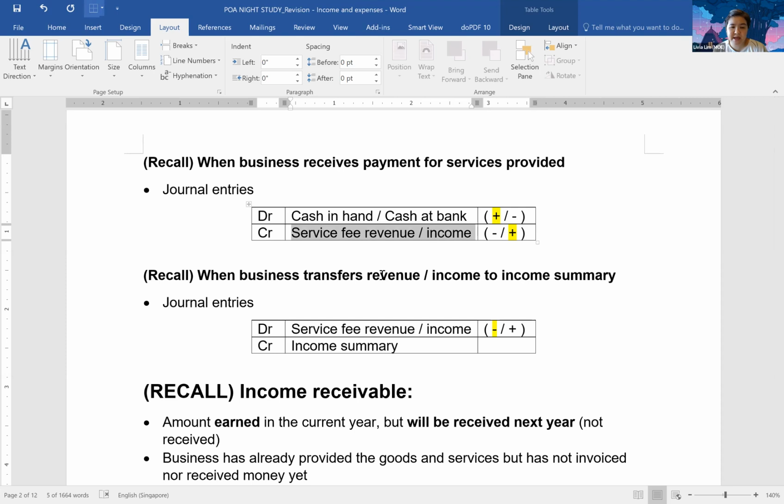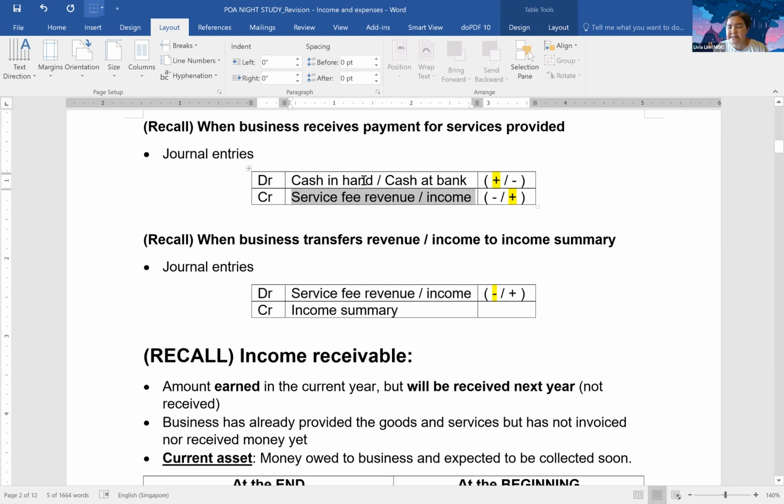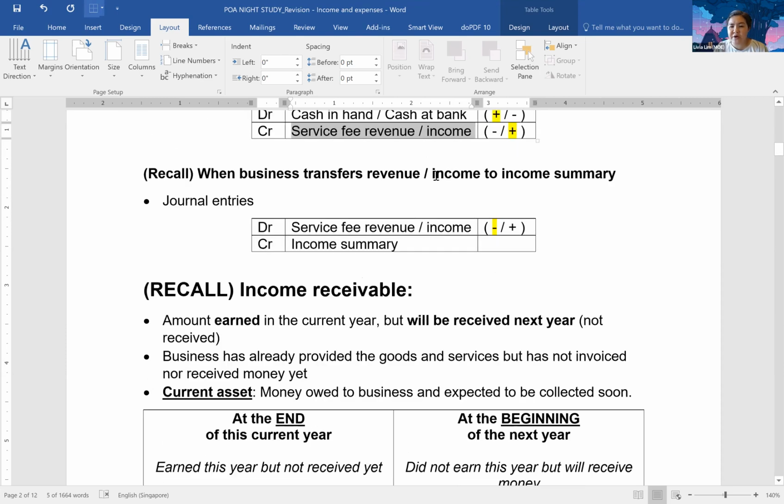All right. Now, another journal entry that you must remember is this journal entry. When a business transfers revenue and or income to income summary, this is the journal entry. We will take out the amount from the service fee revenue or service fee income. So your service fee revenue or service fee income is a debit, and then your income summary is a credit.